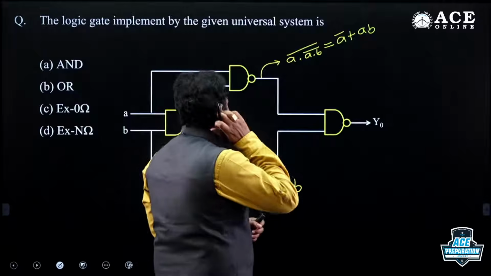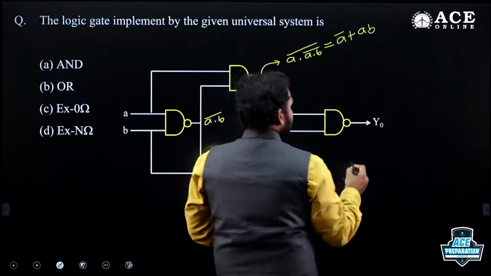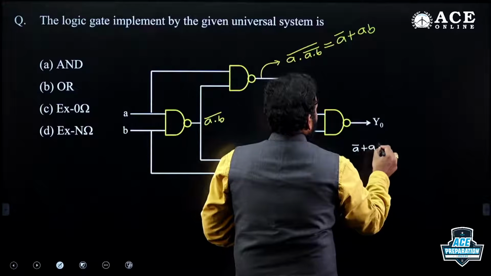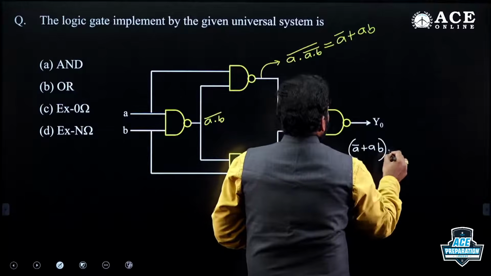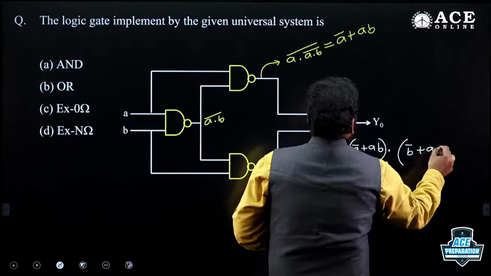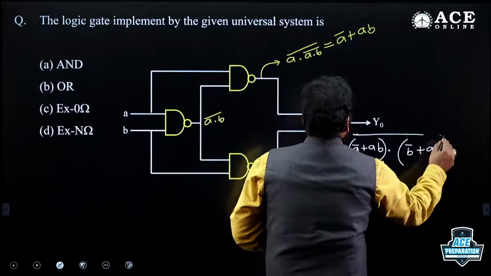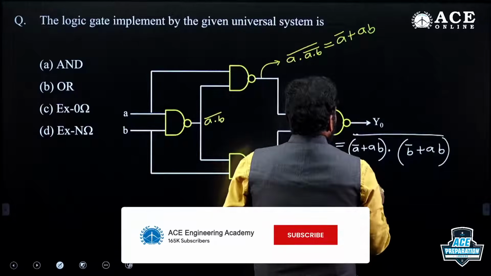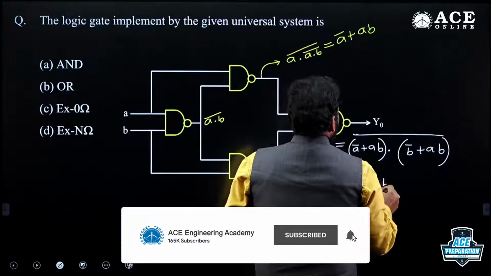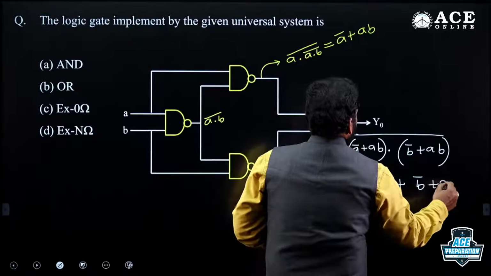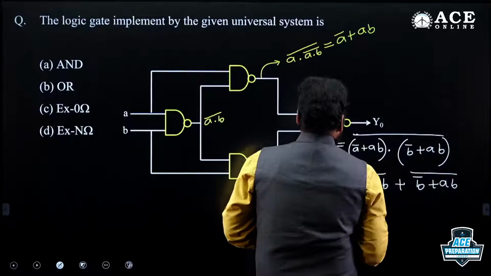So the output is NAND operation between these two: A bar plus AB dot B bar plus AB whole bar. Apply De Morgan's theorem: A bar plus AB whole bar plus B bar plus AB whole bar.